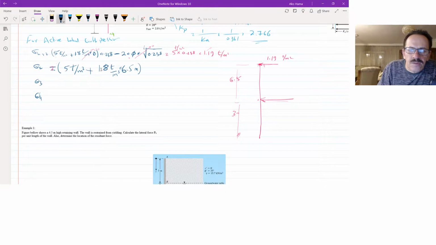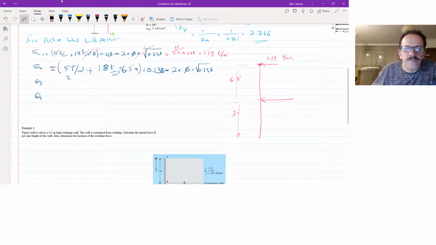Now Q plus gamma H times K active, still using soil 1, where K is 0.238, minus 2 times C, which is also 0, times the square root of 0.238. Now what is the result?